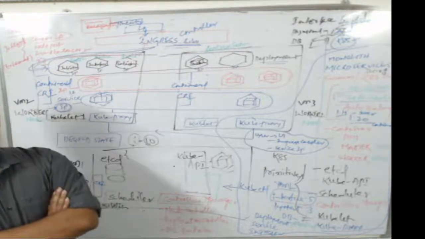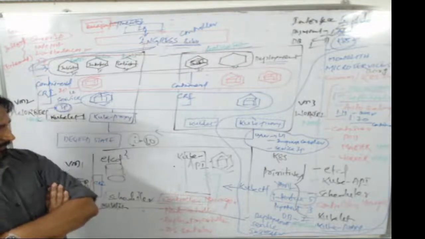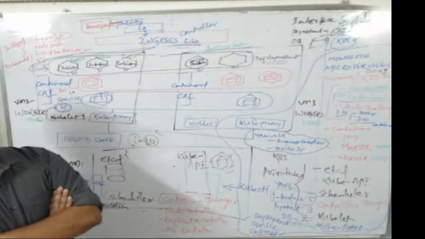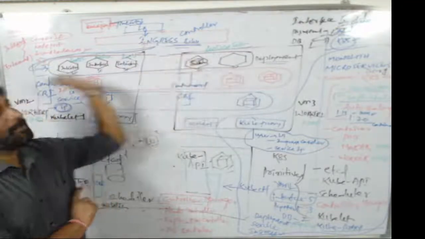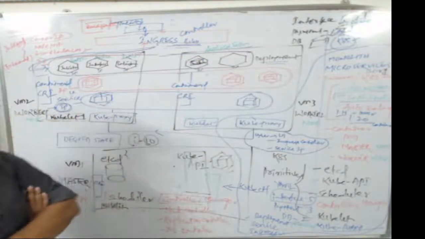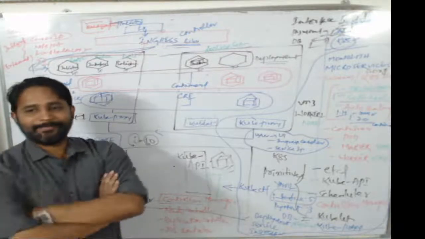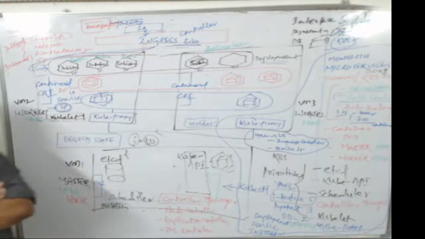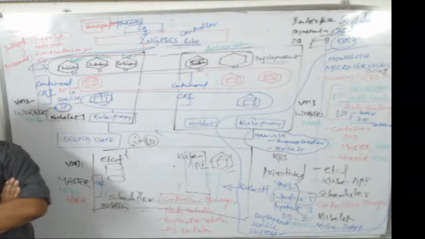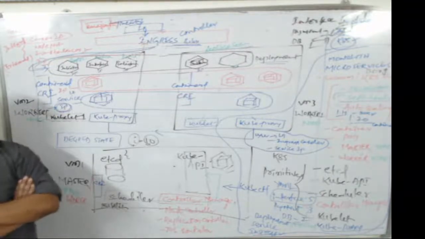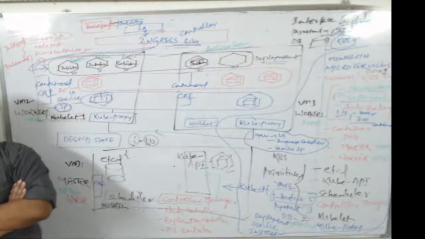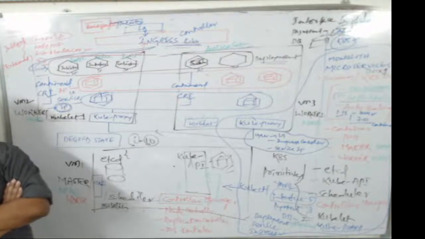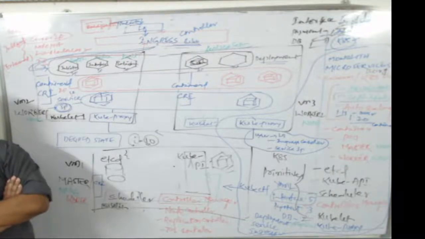Deployment. A group of replicas of your pods is a deployment. Service. Three types of services. What is a service? It's the communication IP to the deployment.